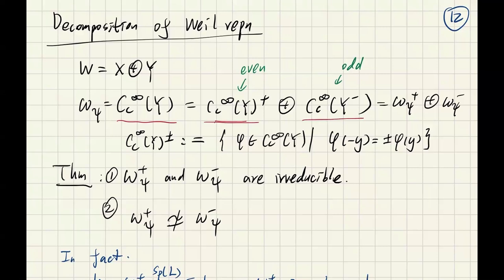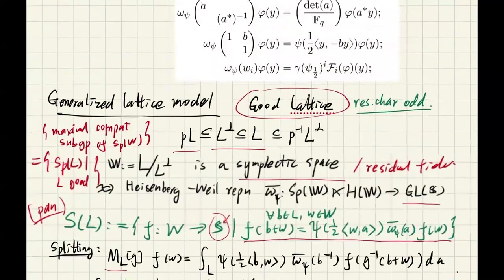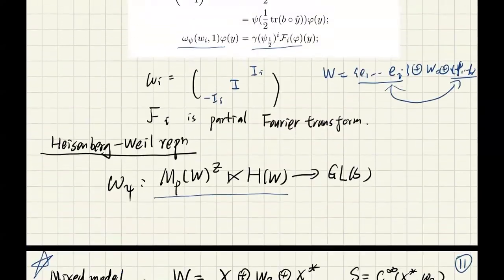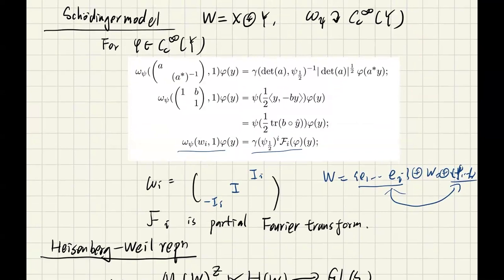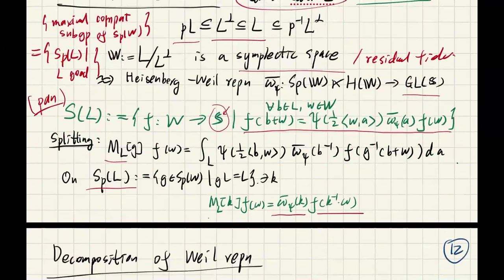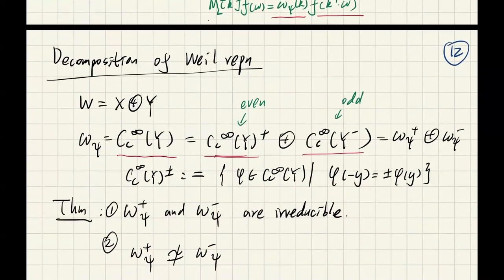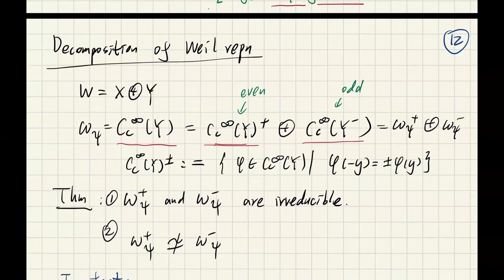Even functions satisfy phi(-y) = phi(y), and odd functions satisfy phi(-y) = -phi(y). If you just look at this formula, you see that all these actions preserve these two spaces. Therefore the Weil representation decomposes into two subrepresentations: one is the space of even functions, and the other is the space of odd functions.